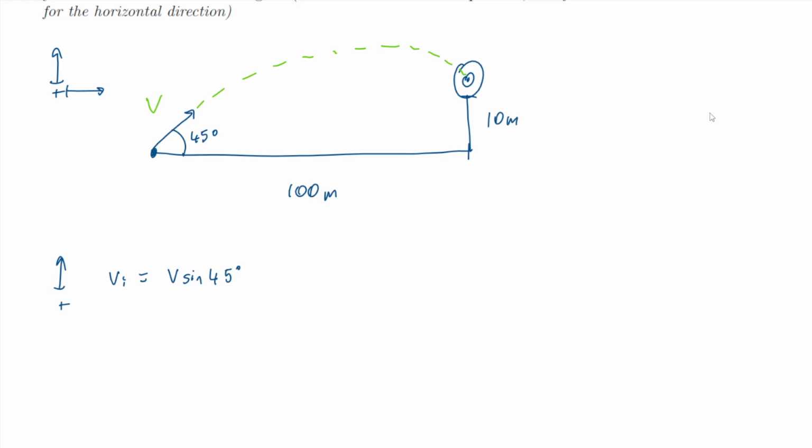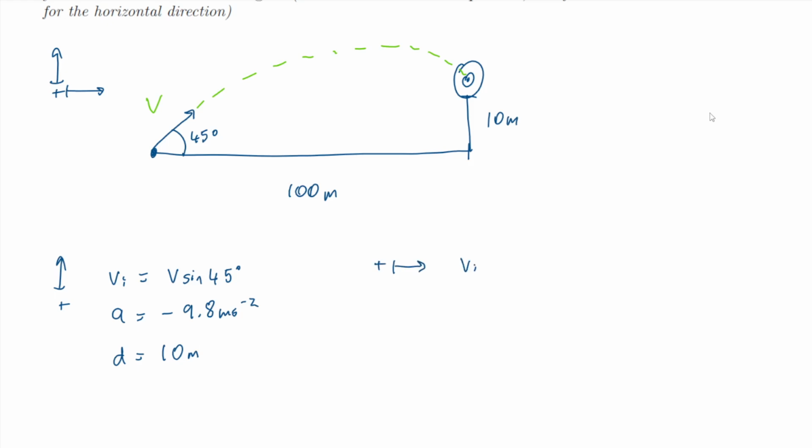We know acceleration, negative 9.8 meters per second squared. We know we want to reach a height of 10 meters, and that's upwards, so that will be positive 10. What else? Do we know final speed? Nope. Do we know time? Nope.